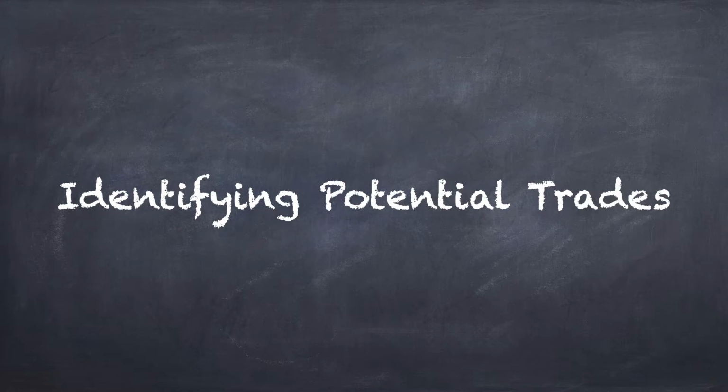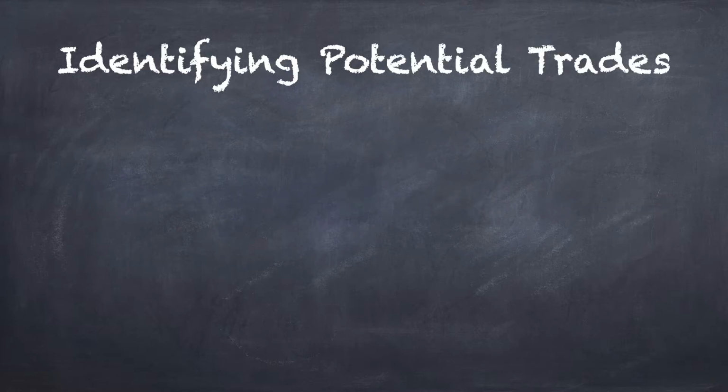We're going to use the weekly charts, and we're going to use the TDI to help us, and we're going to go on the charts and take a look at a lot of different examples of identifying potential trades, because this is going to be huge for this to work for you. If you can't identify the potential trades, obviously you're not going to be able to trade them. So this is a huge part of essentially what we do, right?